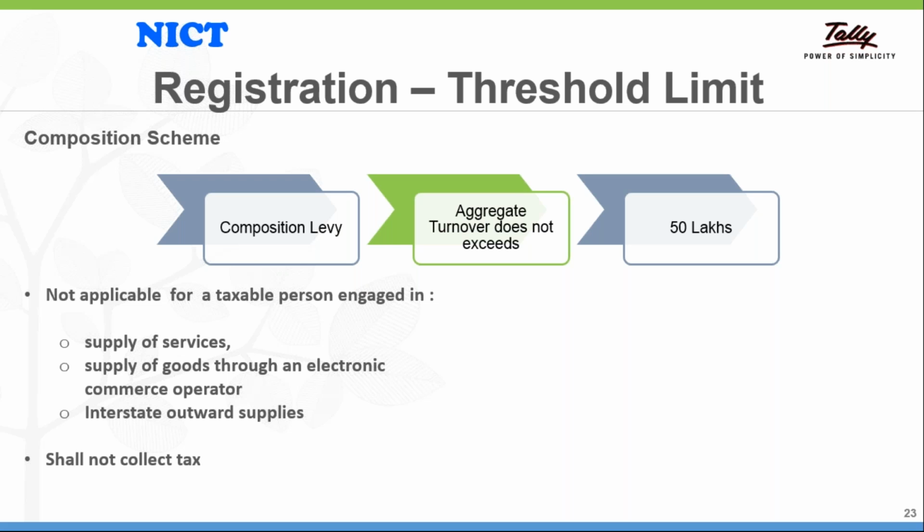There are a few advantages if you are in a composite scheme. That is why people try being in the composite scheme, where you will have less tax. It is basically for suppliers, and your interstate taxes also will be levied. So that is what composite dealers' advantages are.